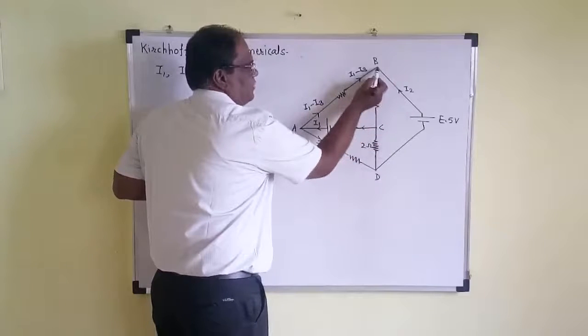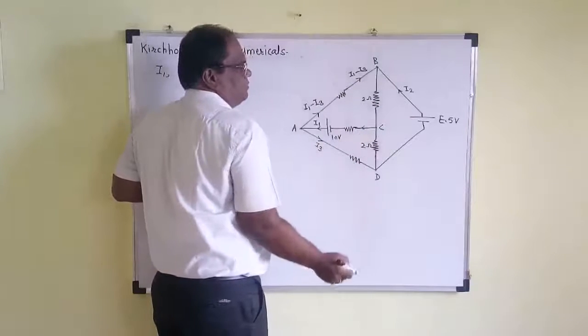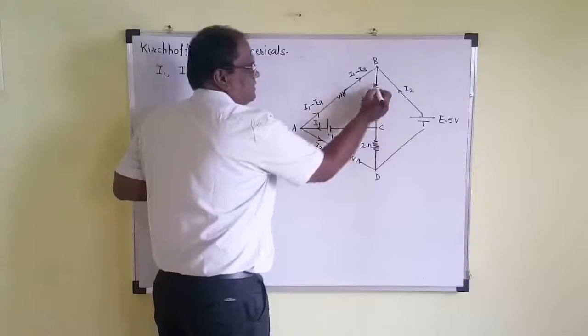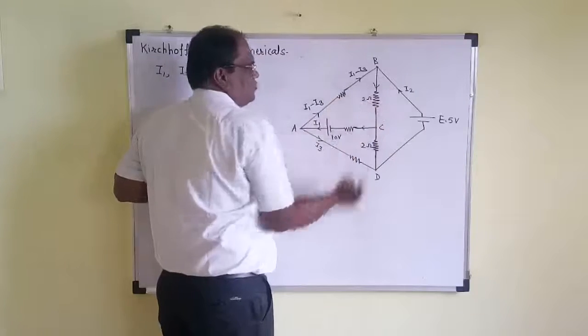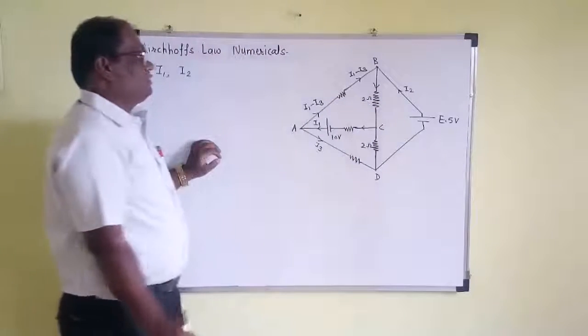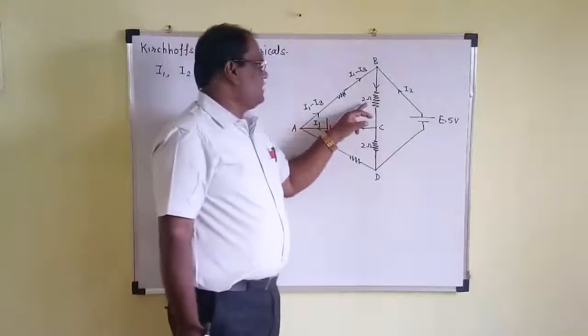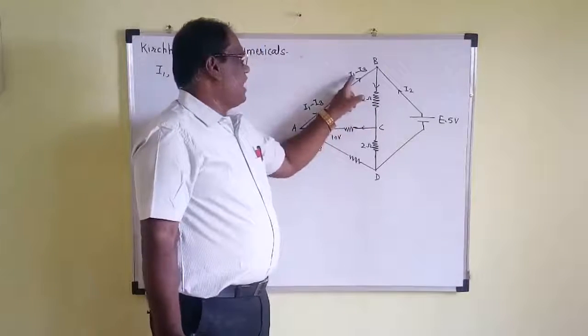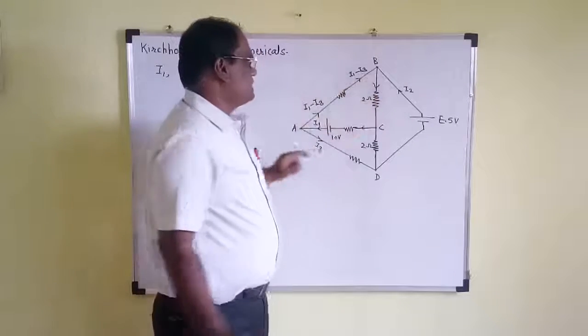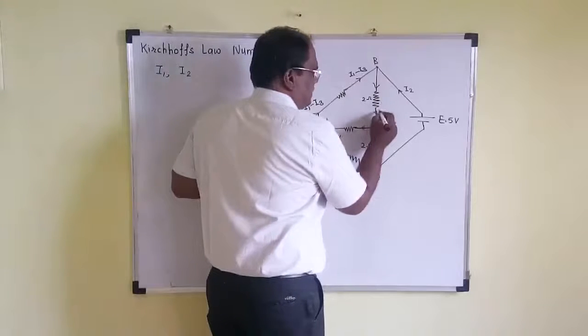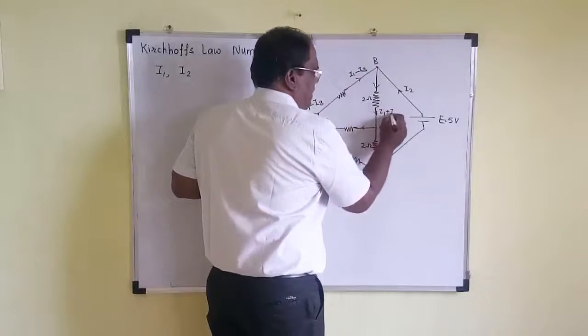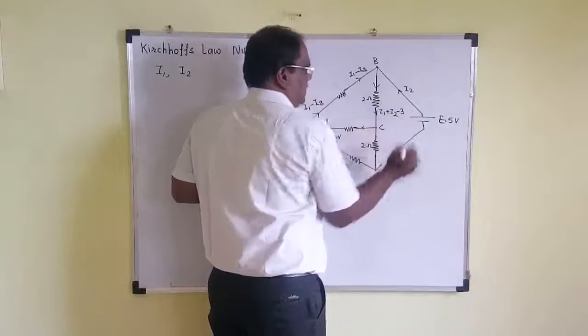And I2 is the current flowing in this direction. Thus, through these 2 ohm resistors, total current flowing is I1 minus I3 plus I2. So I can write I1 plus I2 minus I3.